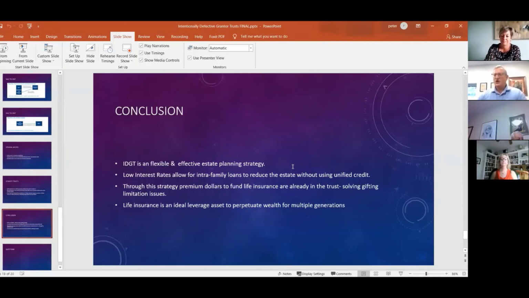And this also solves that issue that we have probably all had to deal with, which is I just don't have enough trust beneficiaries to use my annual gifting to get the premium dollars into that trust. We've got the asset that provides the cash flow in there. And that life insurance is an ideal leverage asset to help further leverage that cash flow and perpetuate that wealth for many generations.